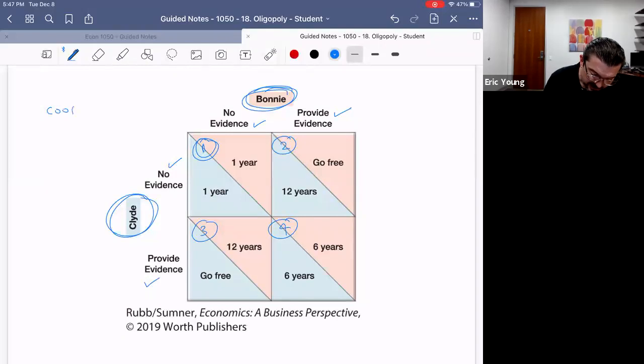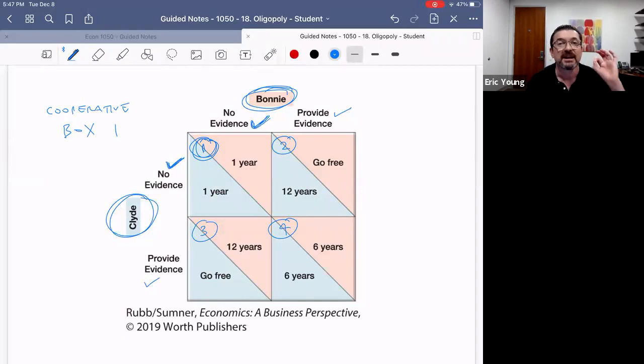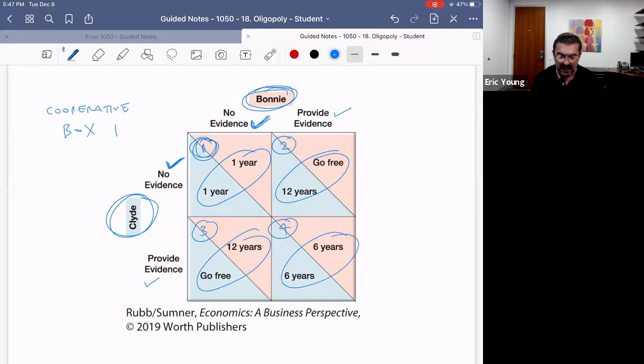Obviously, in this case, the cooperative outcome would be here in box 1. This would imply that both Bonnie and Clyde zip it, that they don't testify against the other, that they're quiet, and they would only get maybe 1 year. Notice that box 1 is the optimal outcome for the group, because in box 1, the total jail time is less, 2 years, compared to 12, 12, and 12 in the other boxes.